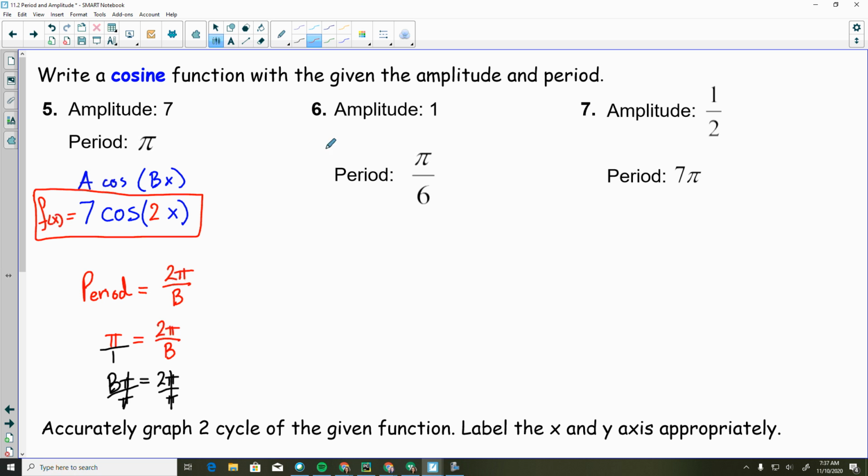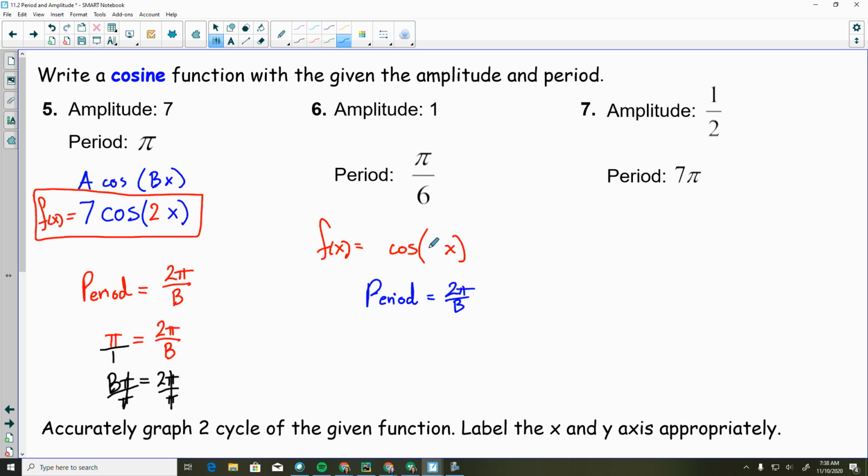Okay, let's try this one more time. Let's say I have another cosine function. The amplitude here is 1, so I don't even need to write that 1. It's a little unnecessary. But if I'm solving for the b value that goes here, I know that my equation is period is equal to 2 pi divided by b.